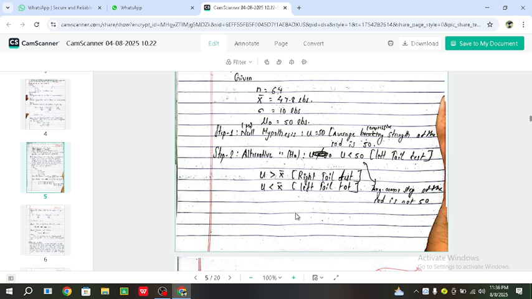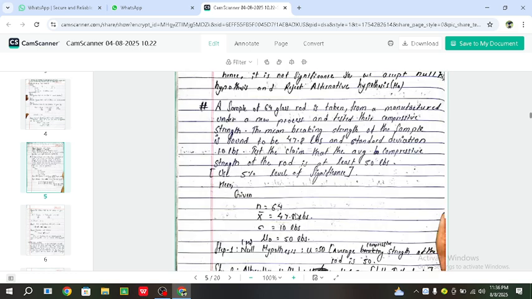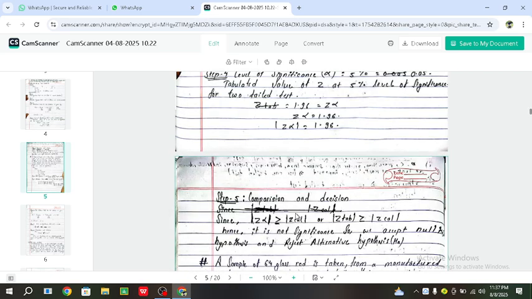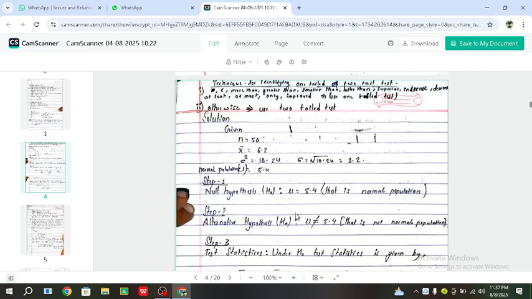According to the question, how do we identify whether it is one tail or two tail? As I already told you, once again I am going to repeat, just listen carefully. There are some techniques to find the one tail and two tail test.